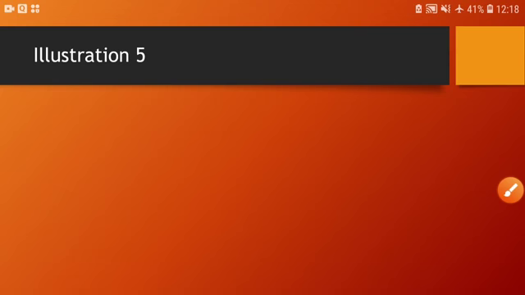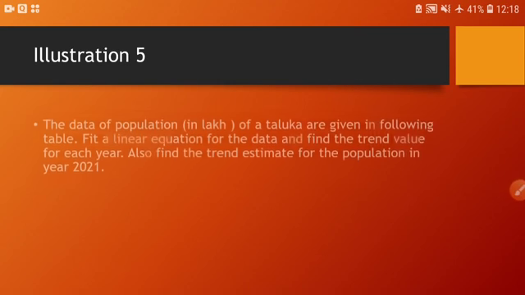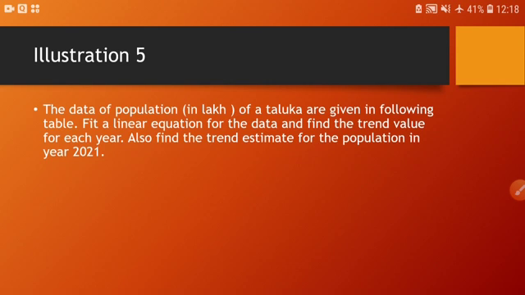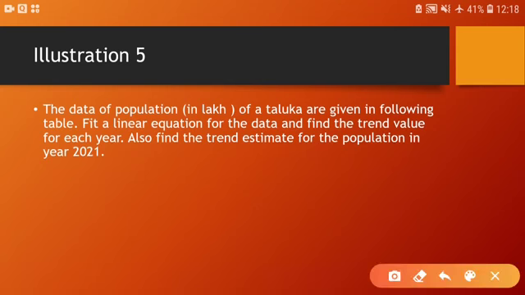So we are starting illustration number 5 now. The data of population of a taluk are given in the following table. Fit a linear equation for the trend for the data and find the trend value for each year. Also find the trend estimate. As I told you, there are 3 questions in this question.